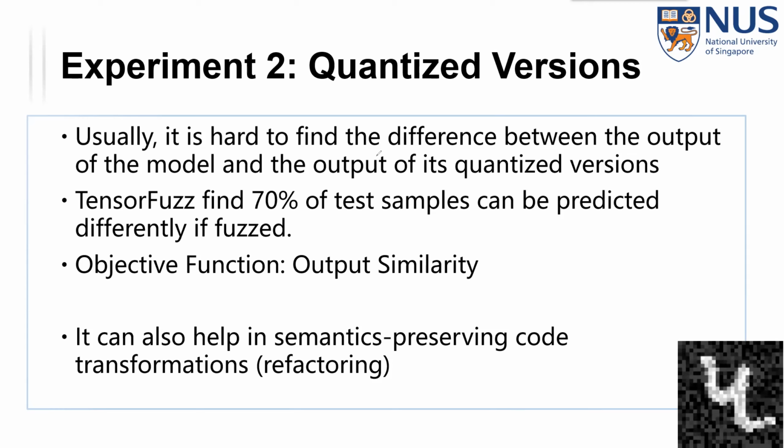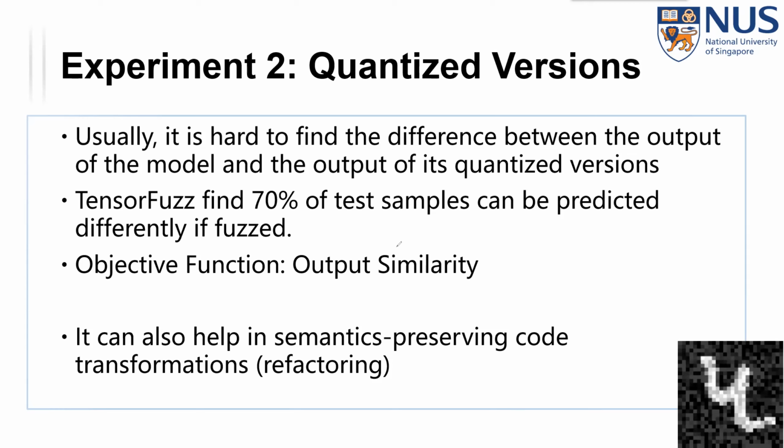It is just used to find if there are bugs in the models, samples where the model is vulnerable. Later we can still apply adversarial training or data augmentation to fix the model.